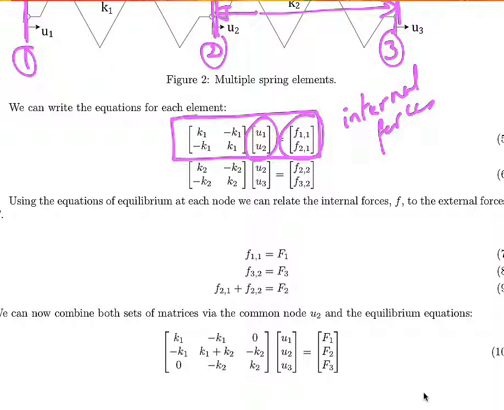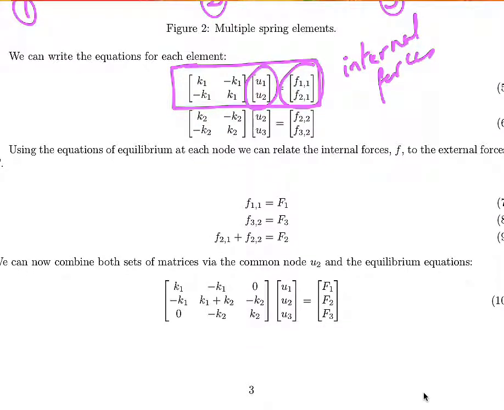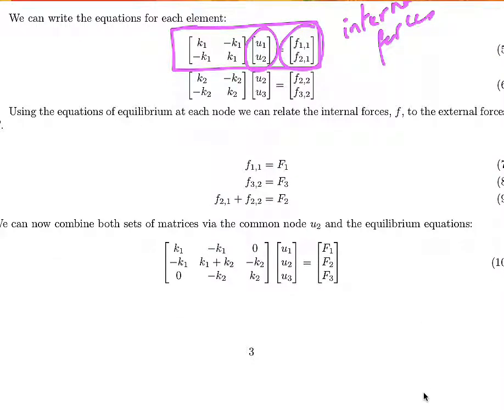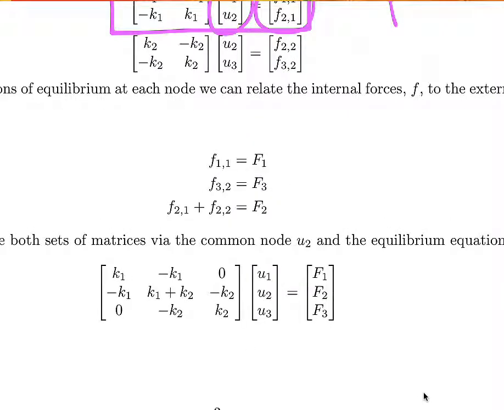Now we would like to connect them together, and in order for us to connect them together, we will use the equilibrium to connect external forces to internal forces. So if you look at the first equation here, this tells us that the external force at node 1 must be equal to the internal force because it's the only one that exists there.